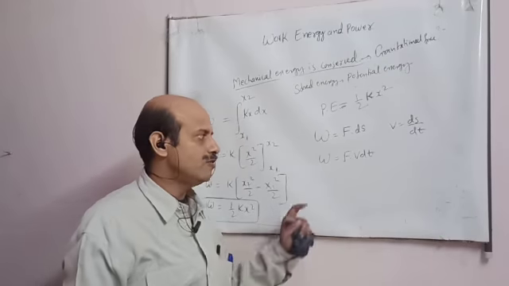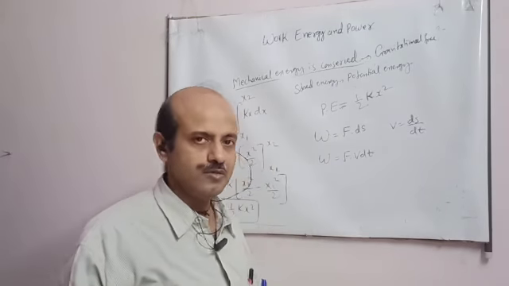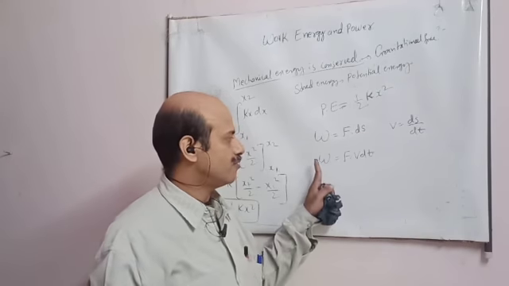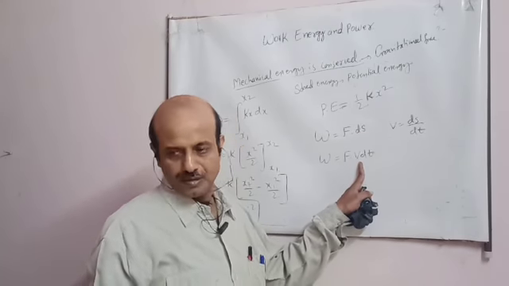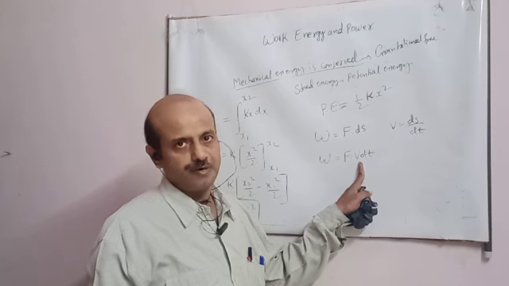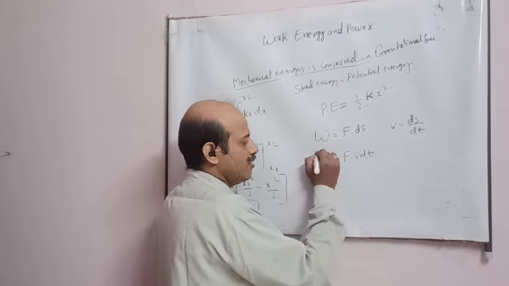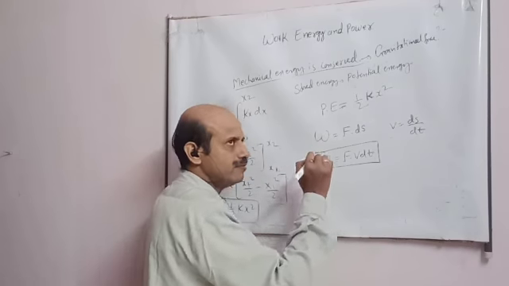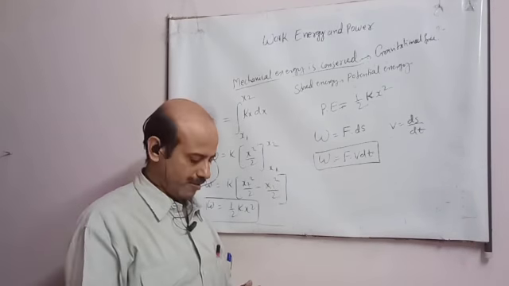This formula is also very useful in various numericals where it is very difficult to find out s. There you can find the work done by this formula. We will do some numericals related to this in the next class.